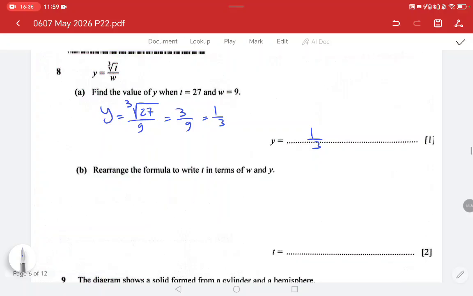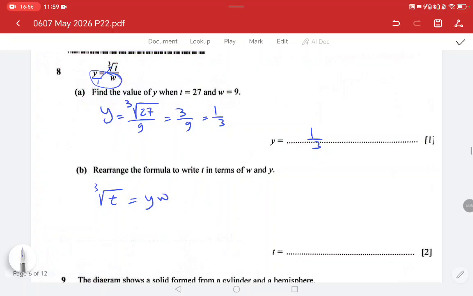Next one. Rearrange the formula to write t in terms of w and y. If you look at this one, cross multiply. So it will be the cubic root of t times 1, which is the same, and y times w.